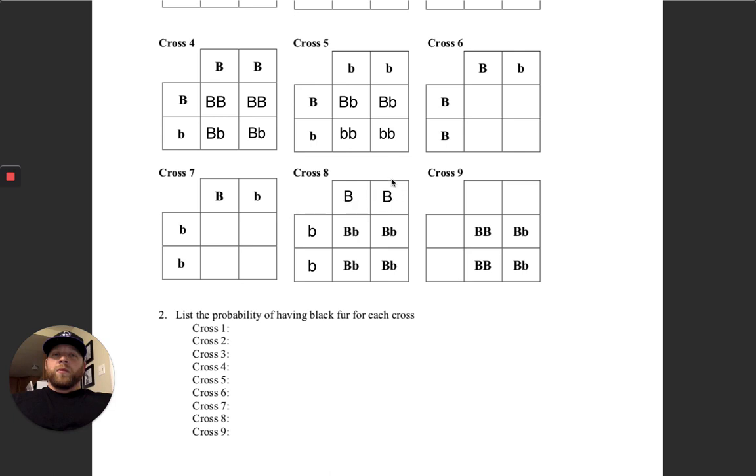So homozygous dominant, homozygous recessive. Now when we cross these, that means all of the children will have black fur. However, all of their genotypes will be heterozygous because they received one dominant allele from one parent and one recessive allele from another parent. Awesome, awesome.